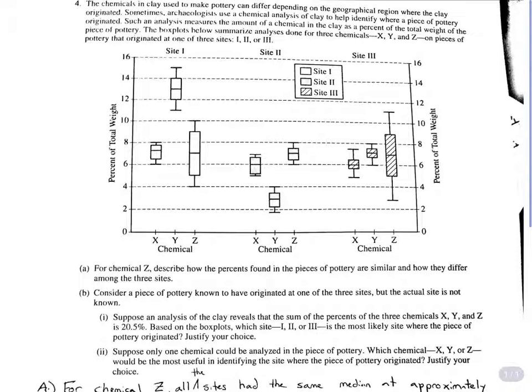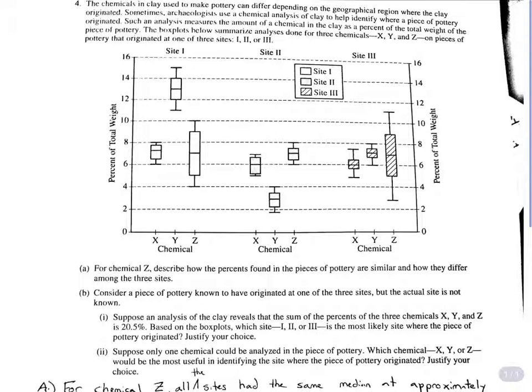All right, so let's read through number 4. The chemicals and clay used to make pottery can differ depending on the geographical region where the clay originated. Sometimes archaeologists use a chemical analysis of clay to help identify where a piece of pottery originated. Such an analyst measures the amount of a chemical in the clay as a percent of the total weight of the piece of pottery.